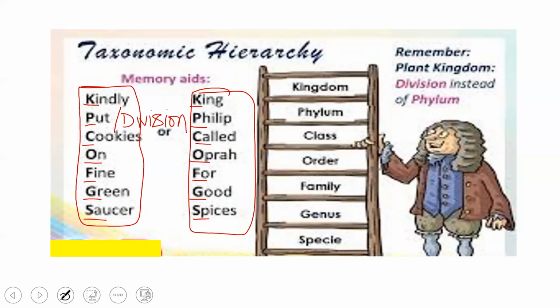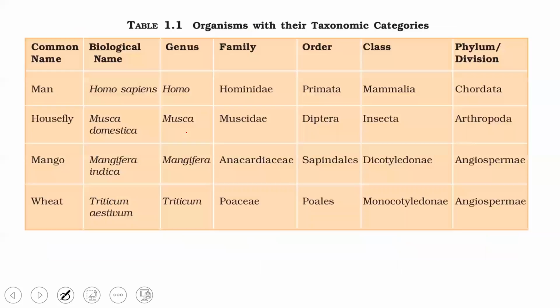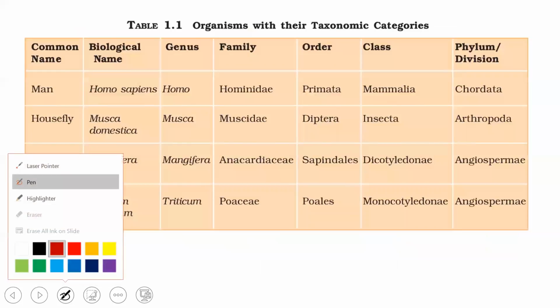Now we look into how exactly taxonomists use this taxonomic hierarchy to arrange organisms in a systematic manner. The table is very important.